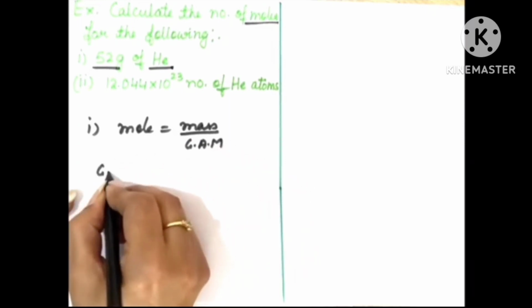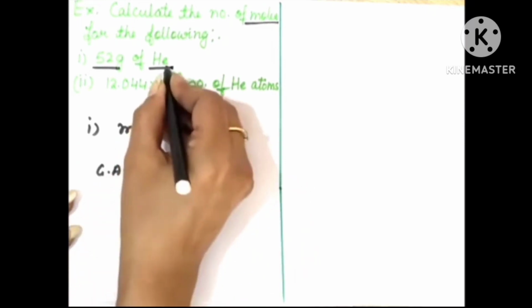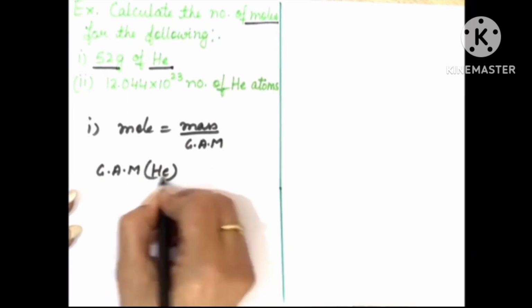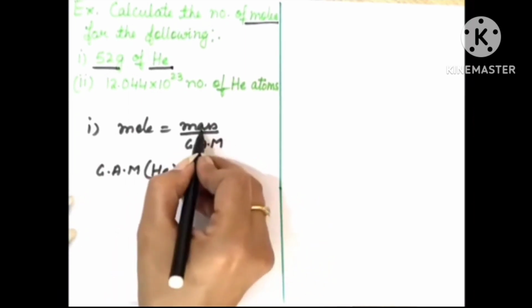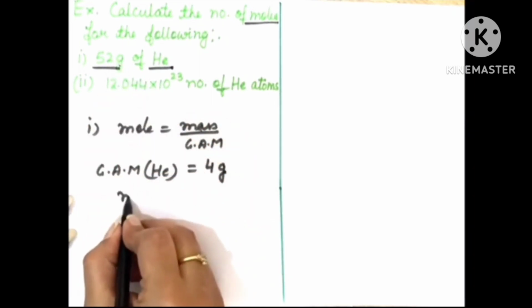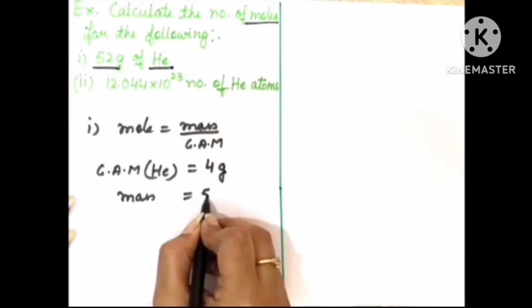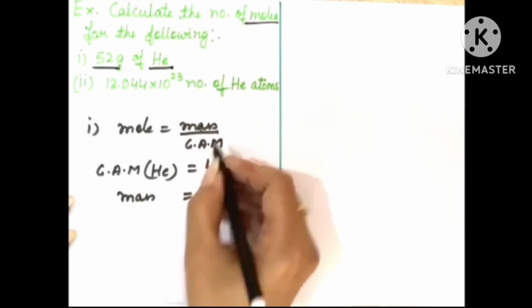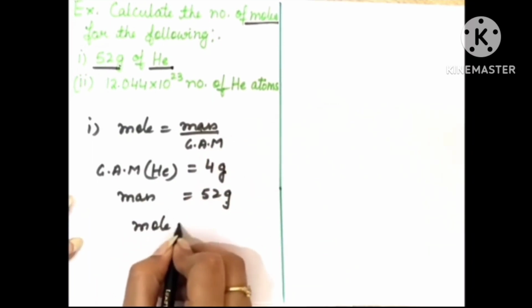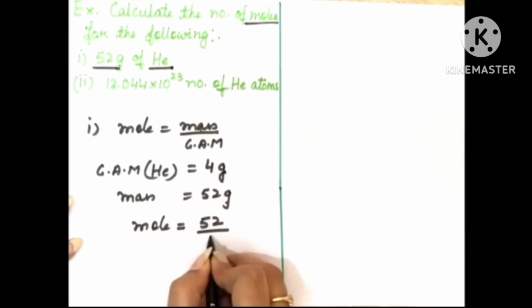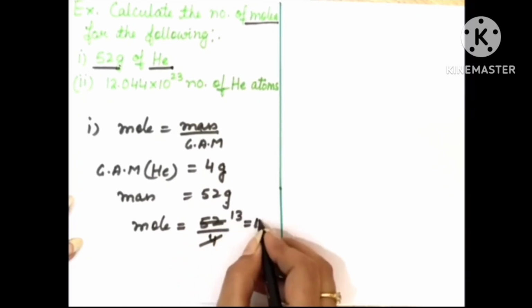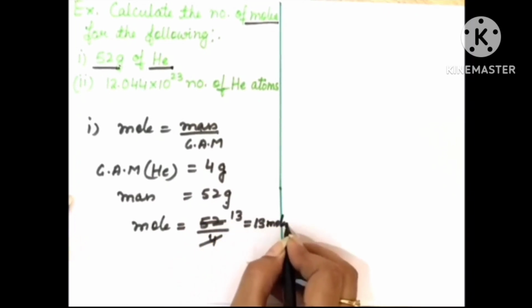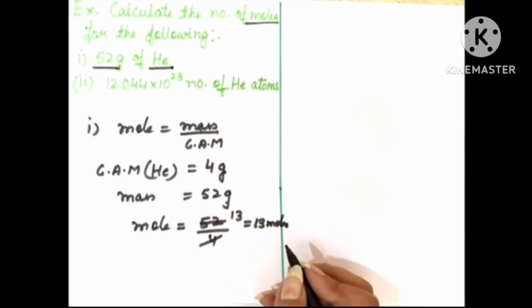Now gram atomic mass of helium, since the element mentioned here is helium, is equal to 4 grams. And mass given is how much? 52 grams. Fill these values in the formula. We get mole equal to 52 divided by 4. So this is equal to 13 moles, which is the answer. So using the formula directly also we can find out.